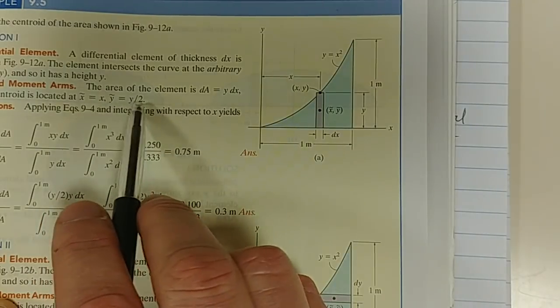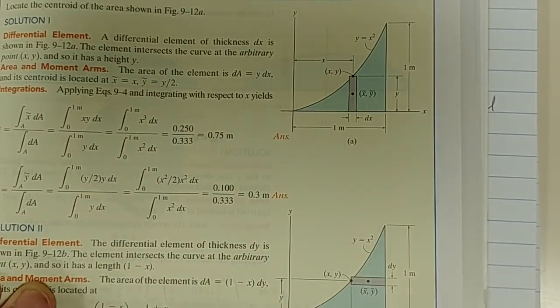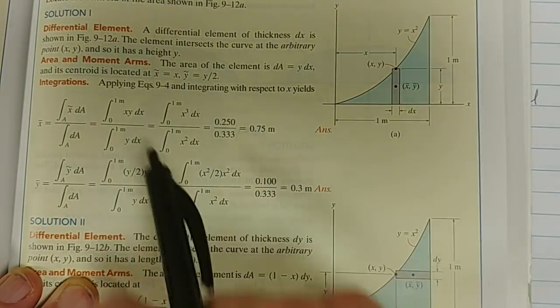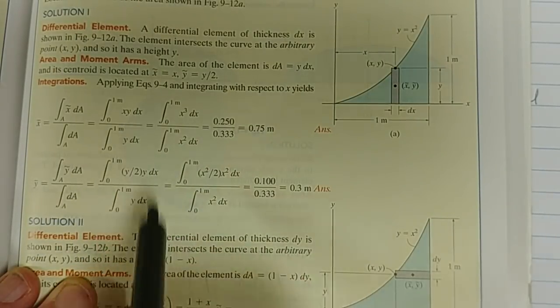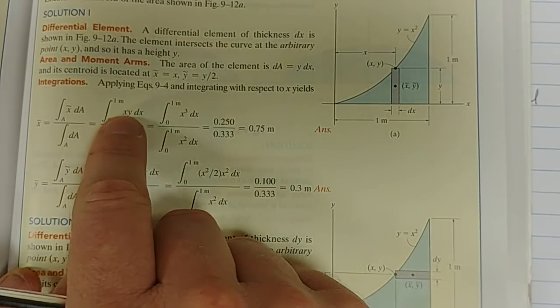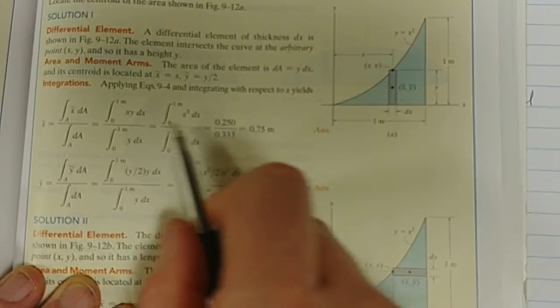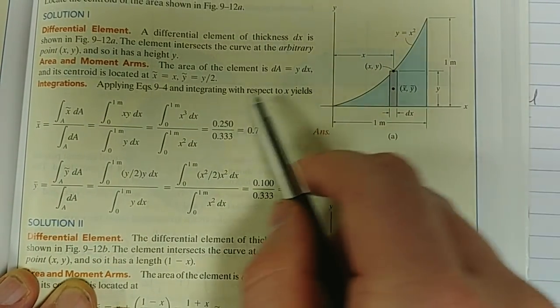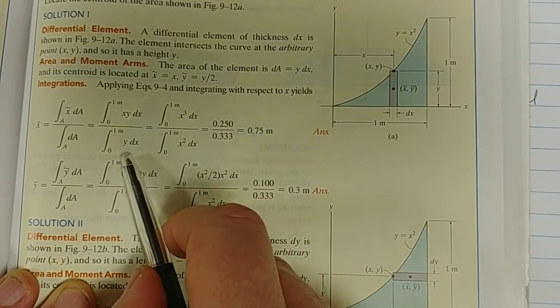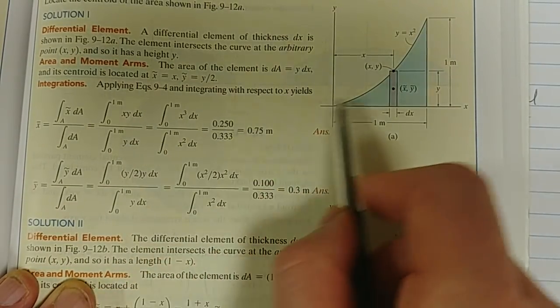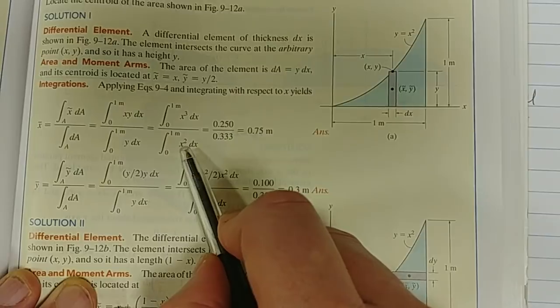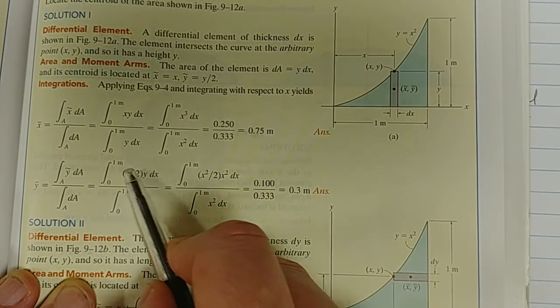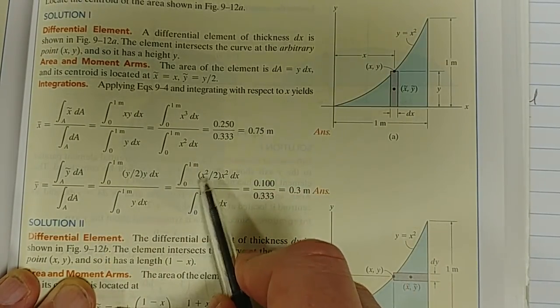You plug those in. What you get here is x times y, so all you need to do is convert that y into x squared, because y equals x squared. In the bottom, y is also x squared. Similarly here, where you have the y, you just put in x squared.